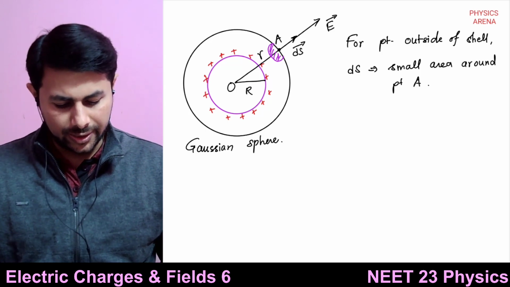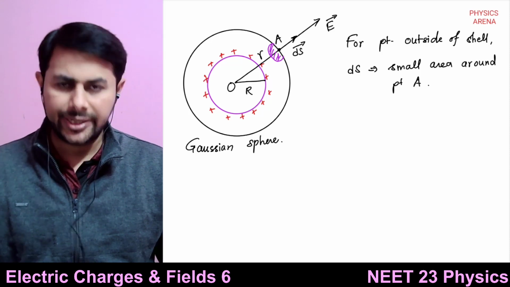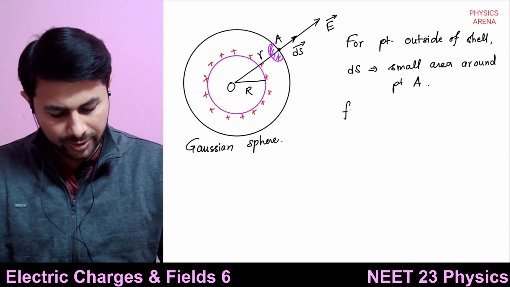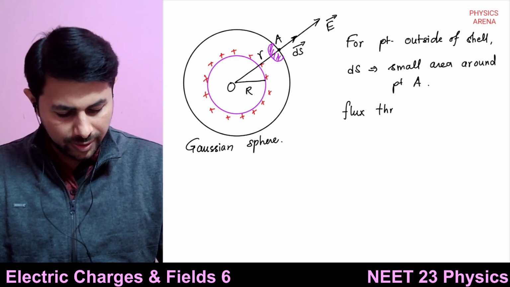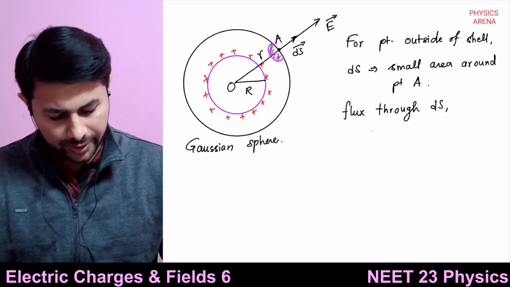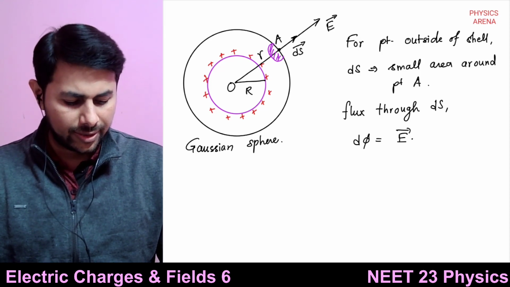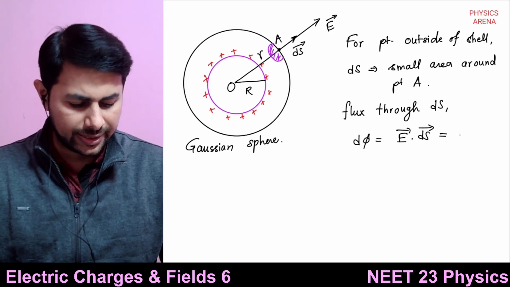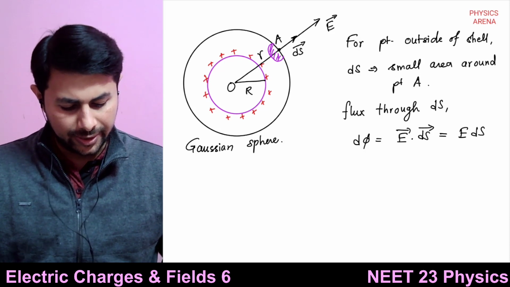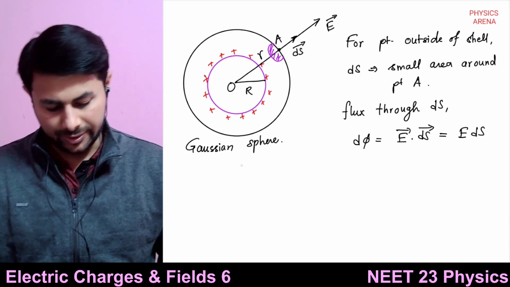Then ds bar and E bar are in the same direction. So the flux through ds, let's call it d phi, is equal to E bar dot ds bar, and since they are in the same direction, it's just equal to E multiplied by ds. Therefore, the flux through the Gaussian surface passing through point A.